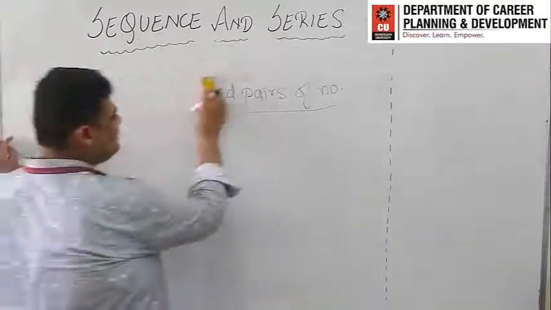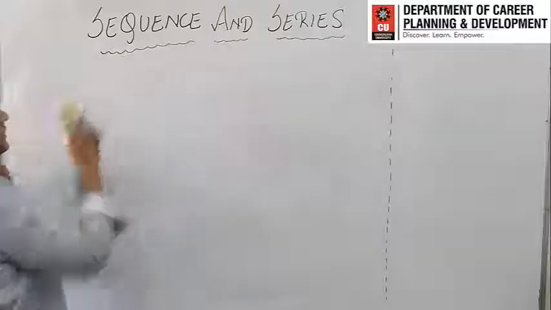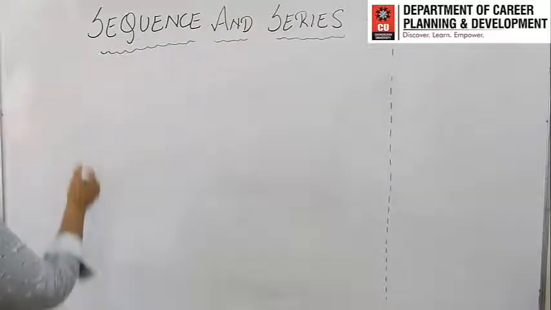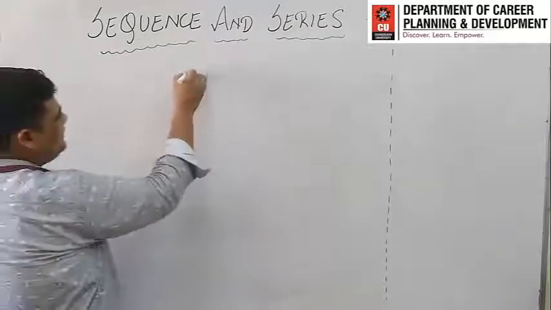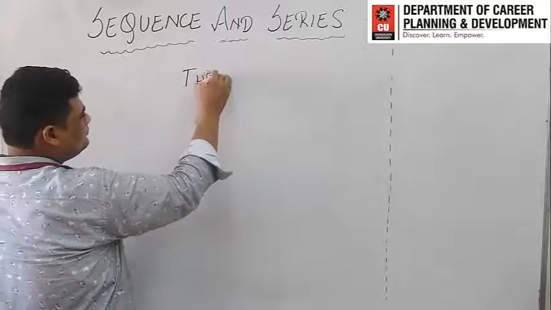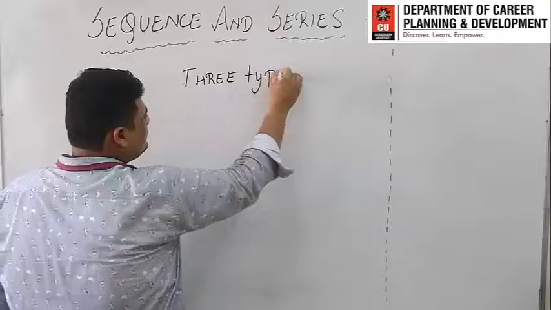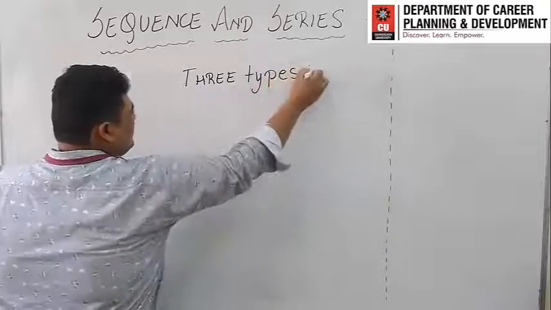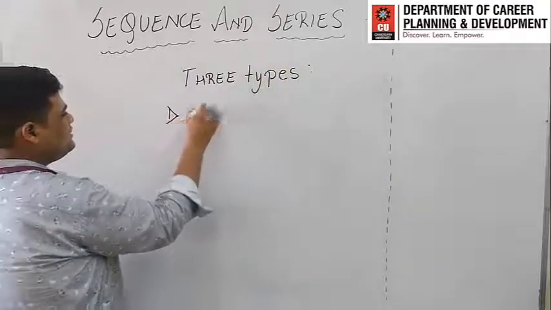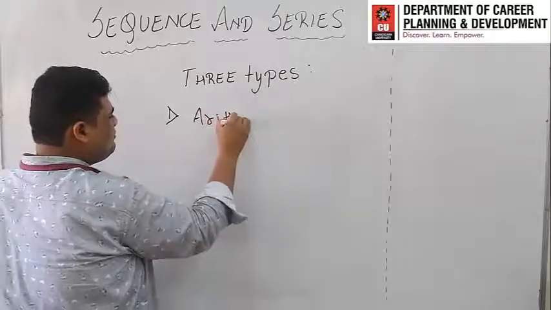Now there are three types of general sequences which we do in sequence and series. The first is called arithmetic progression.